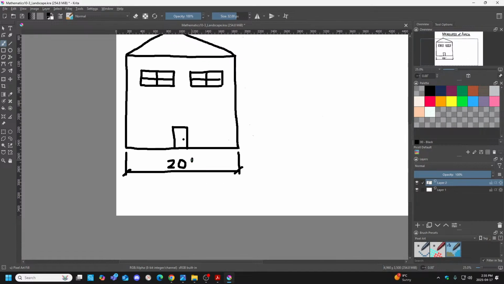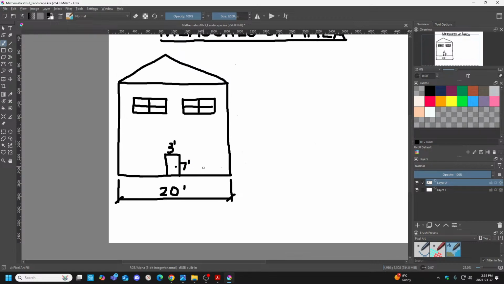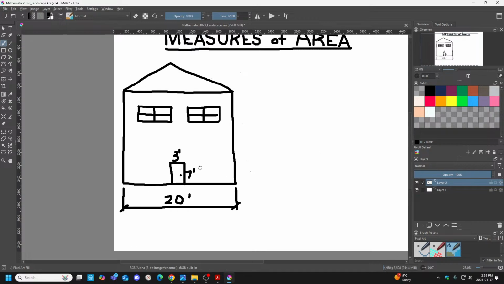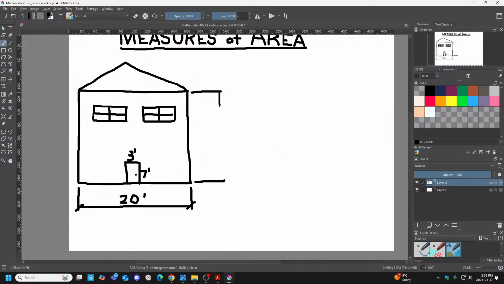So the dimensions of our door is 3 by 7. It's kind of big, it seems, but whatever. Okay. Good enough. And then our height here is 18 feet.